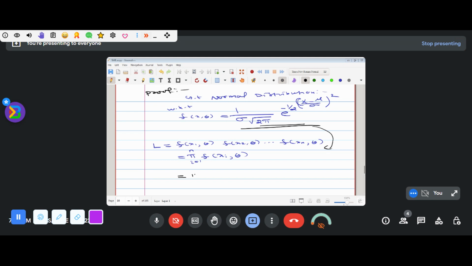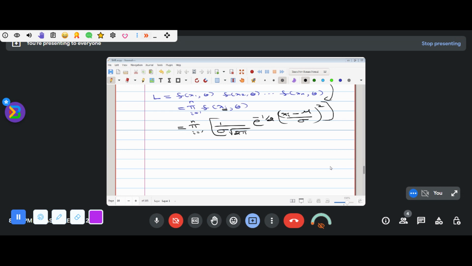That is equal to the product, i varies from 1 to n, of 1 by sigma root of 2 pi, e power minus 1 by 2, xi minus mu divided by sigma, the whole square. Here x is replaced by xi.